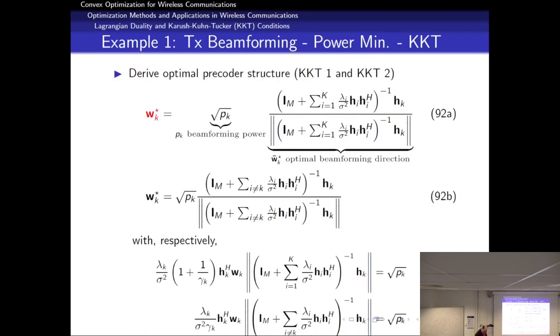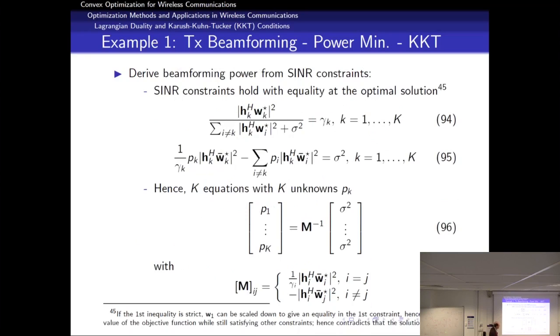I will not go into the details, but you can have a look at this at home. Essentially, you can write the power allocation as a function of a matrix, and you end up with K equations and K unknowns. That enables you to compute the power allocation for those K precoders.